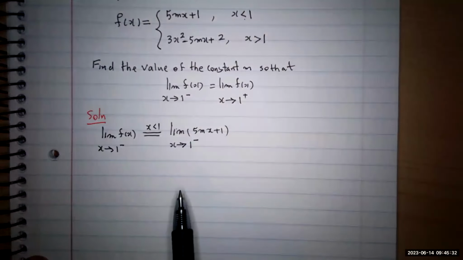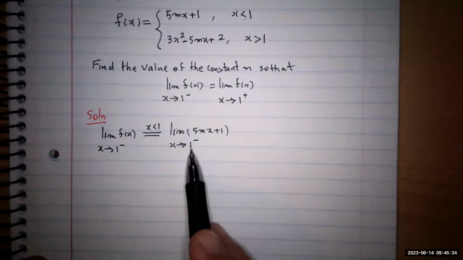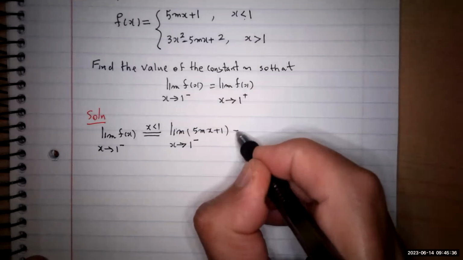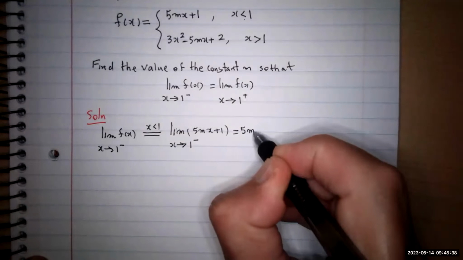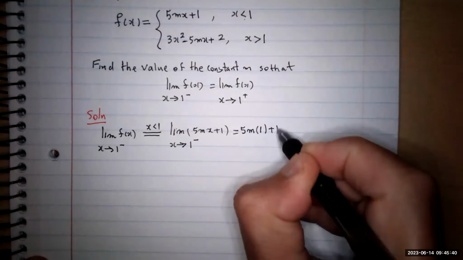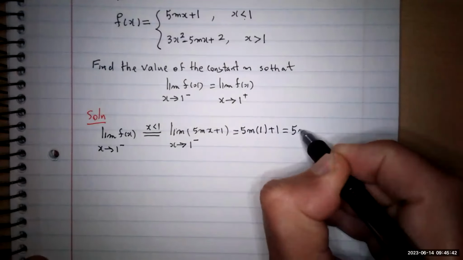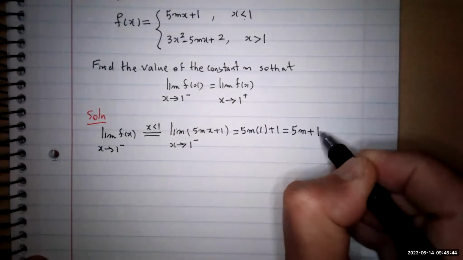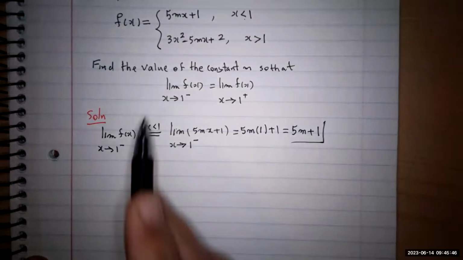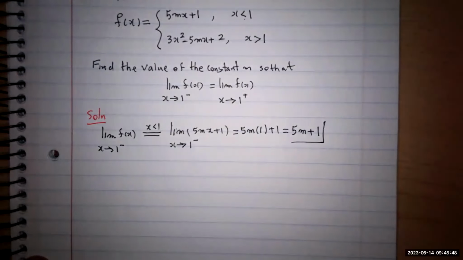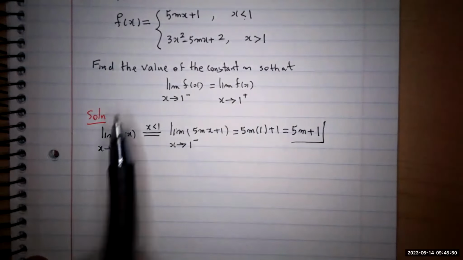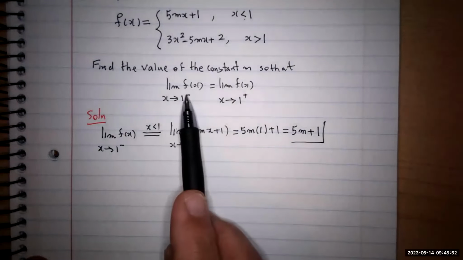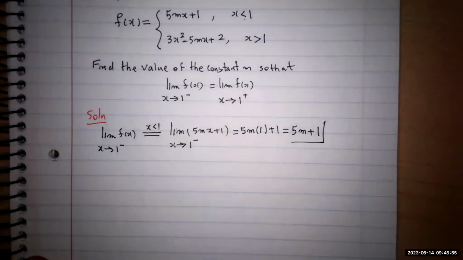The next step is substitution. You substitute 1 for x: 5m times 1 plus 1, so you get 5m plus 1. So it's the limit of the function in terms of m, and that's the left side of the equation that you have.